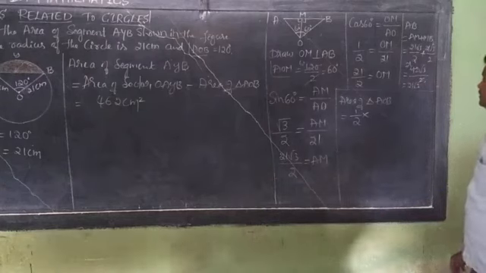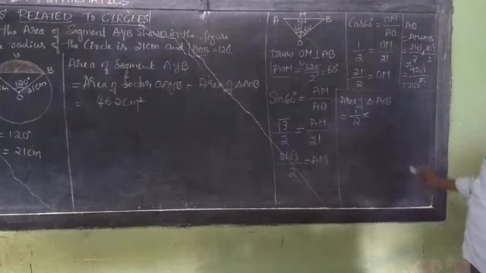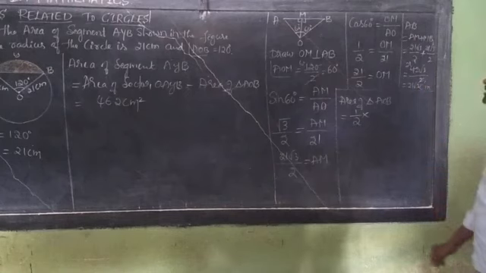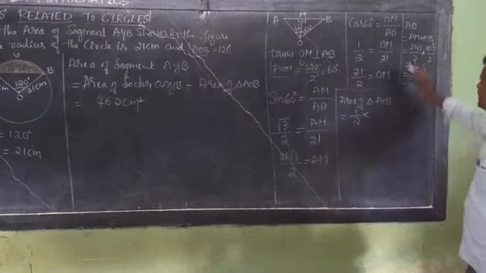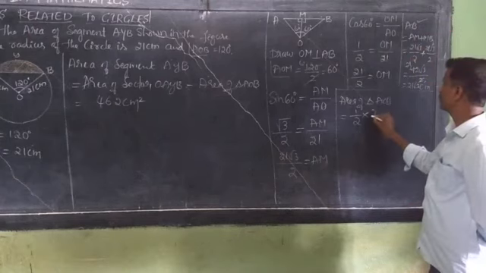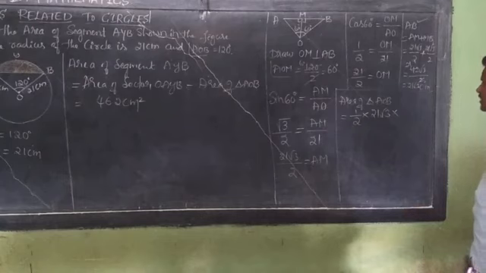Therefore, the length of the base AB is 21 root 3 centimeter.